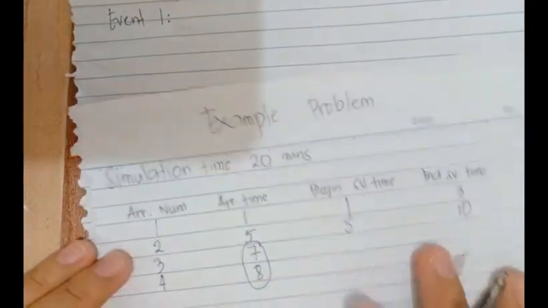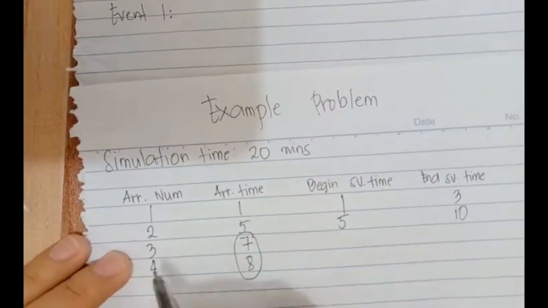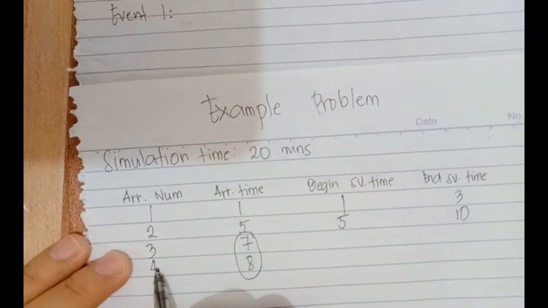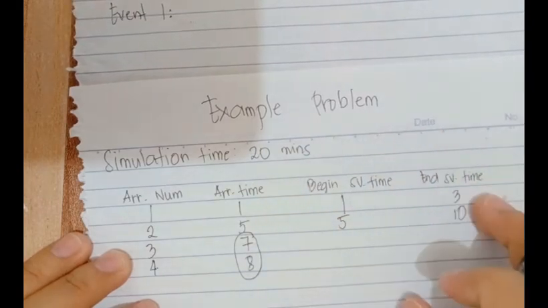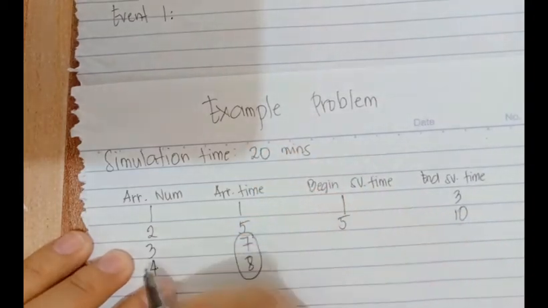We are going to identify, before entity 4 joins the queue, from 7 to 8 minutes, how many entities are in the queue. So we have 1, only entity 3.